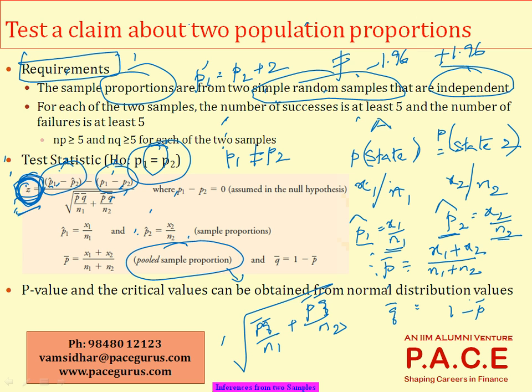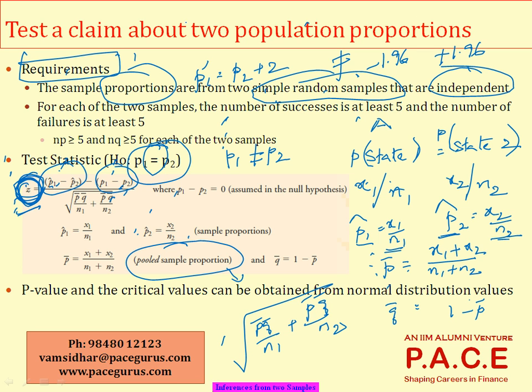And both of them, because we are approximating a binomial distribution. Why do we say binomial distribution? Here there are only two possibilities. Either they have voted for the party or not voted for the party. So only two possible outcomes, success and failure. Because we are talking from that dimension of success and failure, actually it has to be a binomial distribution. But we are using the Z test, which means we are approximating a binomial distribution to a normal distribution.